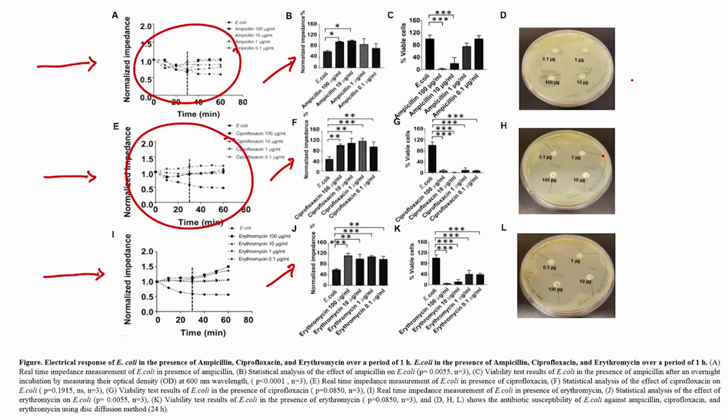We can also correlate it with viable cells, which is statistically different. The ampicillin 100 microgram is statistically different, 10 microgram is also statistically different compared to the control, while 0.1 microgram and 1 microgram are not different compared to the control, right.